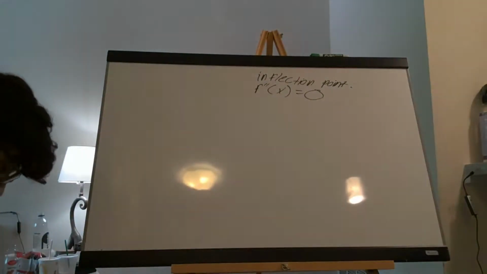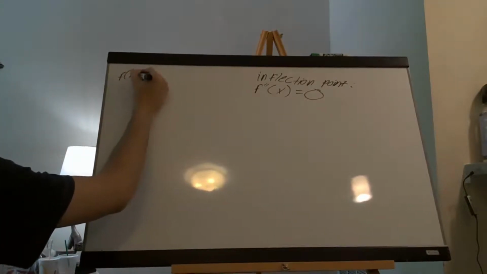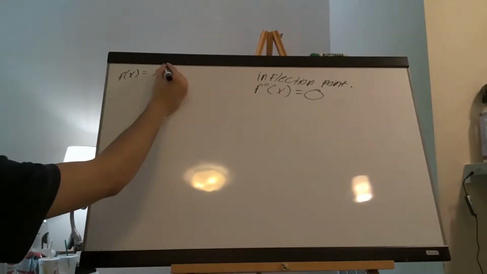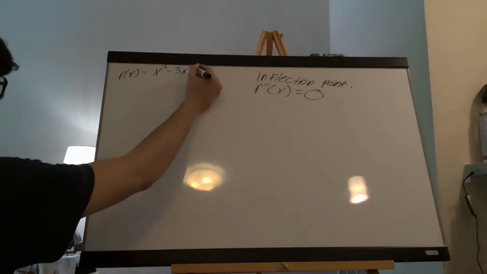So let's start with this example question right here. f of x equals x cubed minus 3x plus 5.